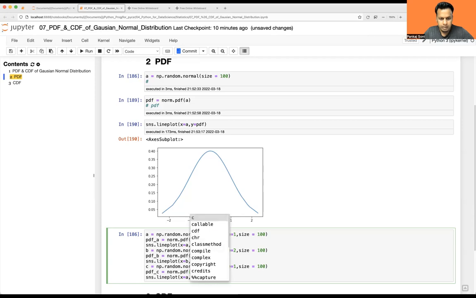And here it will be C and PDF underscore C.